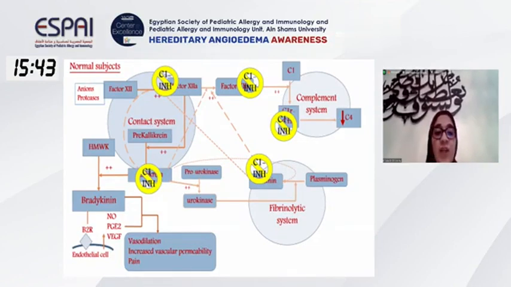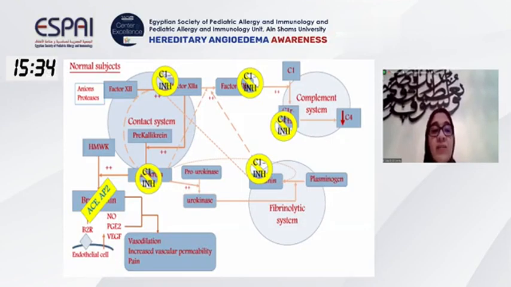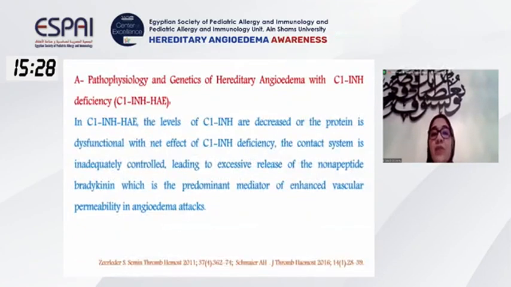There is another checkpoint for the contact system, which is the degradation of bradykinin by the angiotensin-converting enzyme and aminopeptidase P. So what about the pathophysiology and genetics of hereditary angioedema with abnormal C1 inhibitor? The level of C1 inhibitor is decreased, or the protein is dysfunctional, and this is the net effect of C1 inhibitor deficiency.